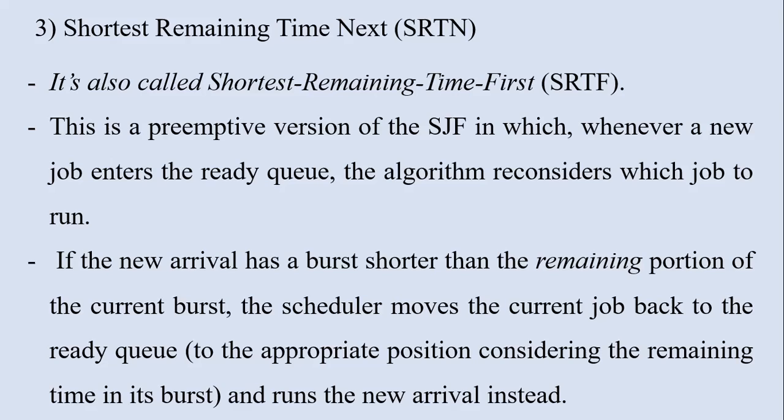If the new arrival has a burst shorter than the remaining portion of the current burst, the scheduler moves the current job back to the ready queue to the appropriate position, considering the remaining time in its burst, and runs the new arrival instead.